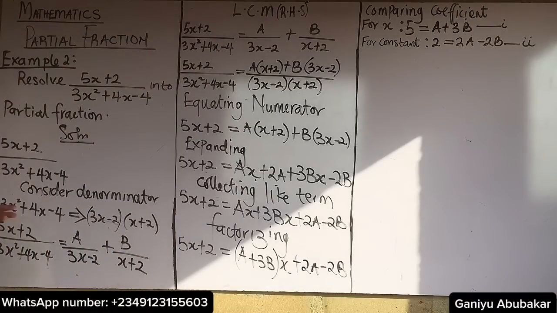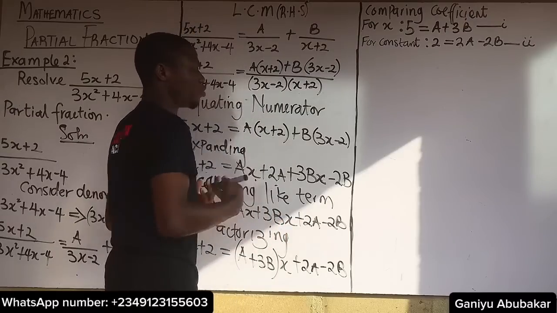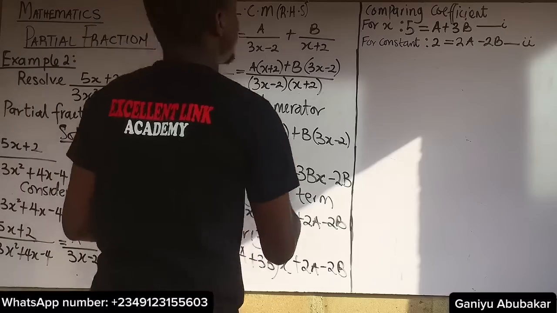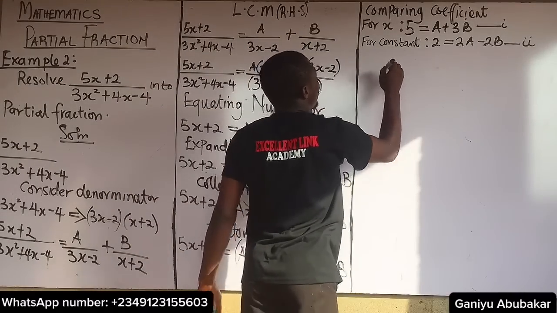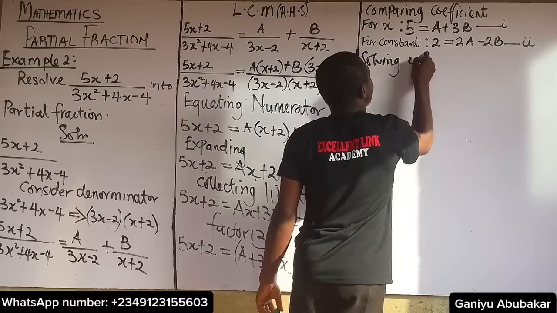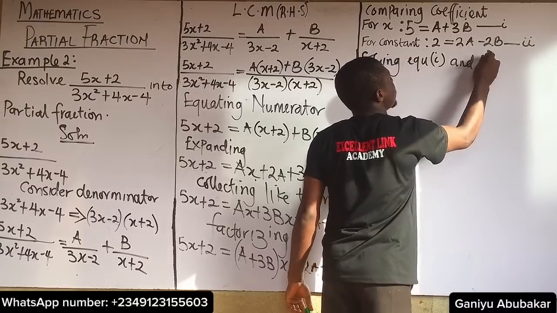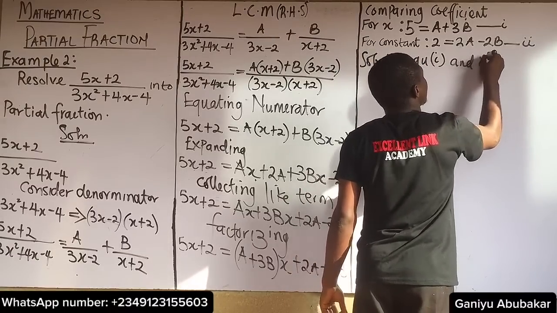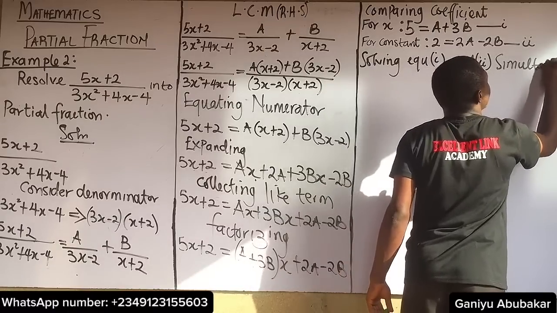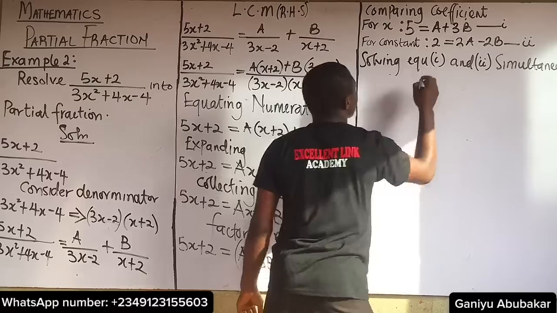All right, we are here. What's our next task at this point? Our next task now is to solve equations 1 and 2 using simultaneous equations. So solving them simultaneously, if I solve them, what do I get?